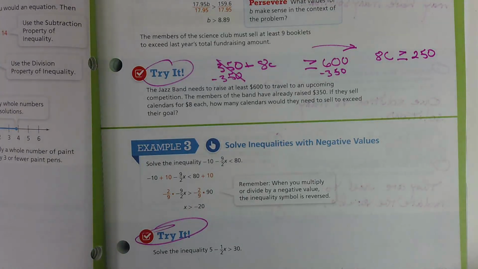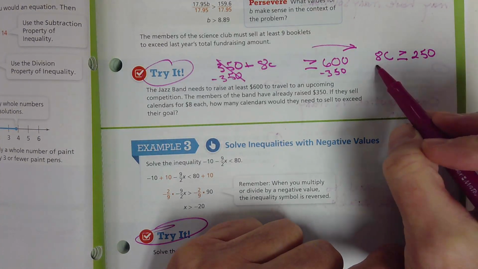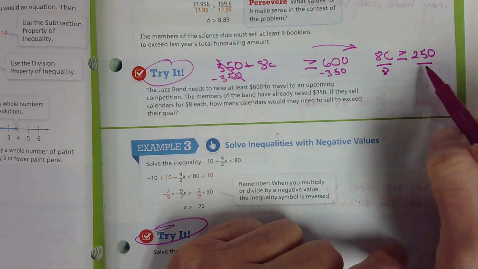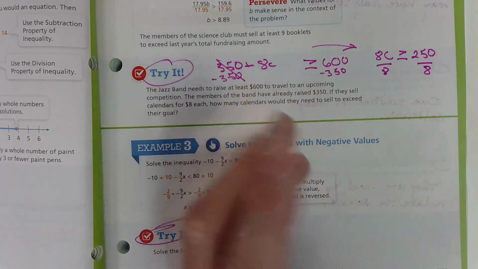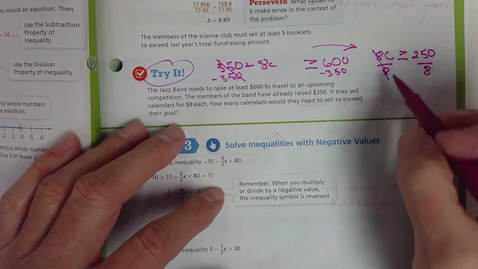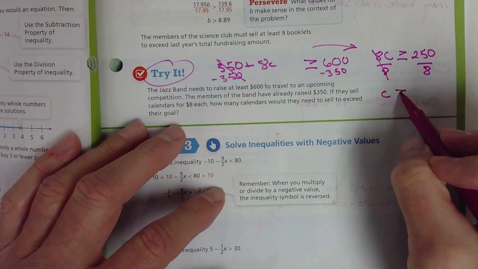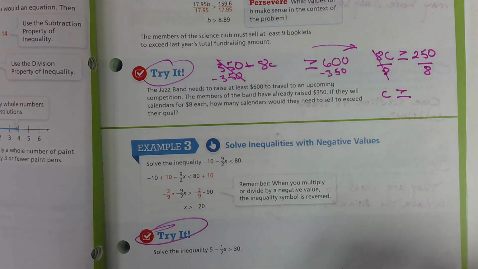All right. Now I need to divide each side by 8, because I asked myself, what's happening to the C right here? It's being multiplied by 8. So I isolate it by doing the opposite. So C is greater than or equal to 250 divided by 8.